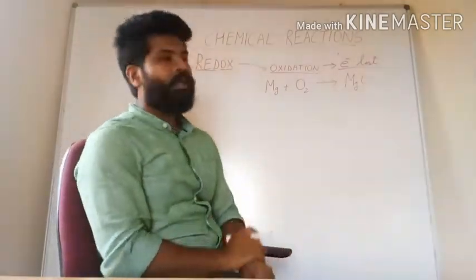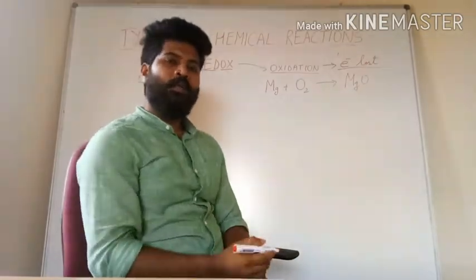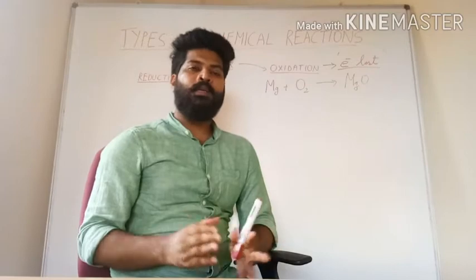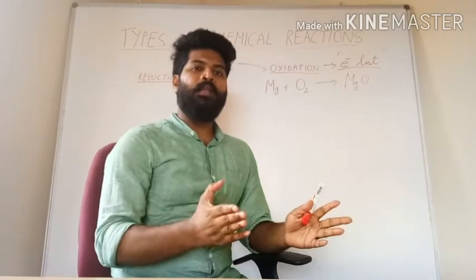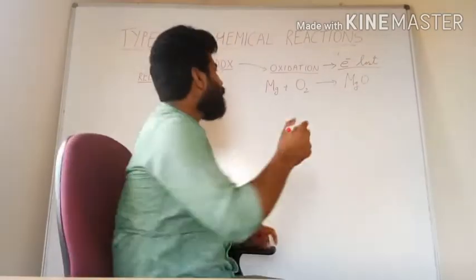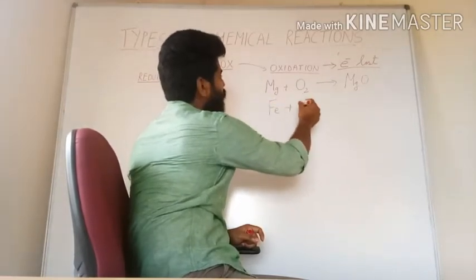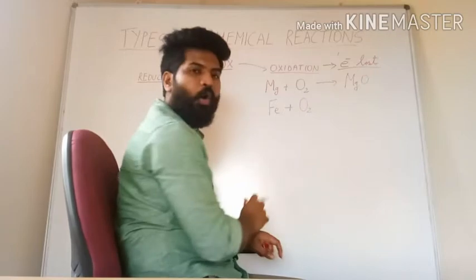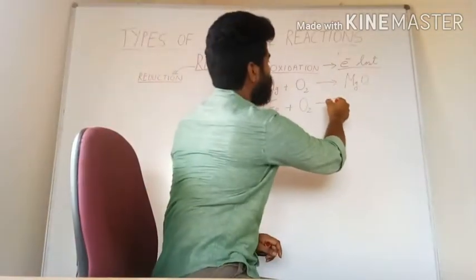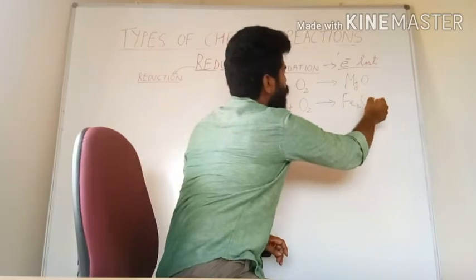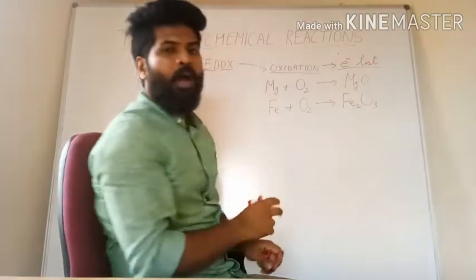Let us take another example for oxidation, which we commonly see in our day-to-day life. When we place an iron metal outside, we know that it reacts with oxygen. Fe, iron, reacts with oxygen to give us ferric oxide, Fe2O3, or rust.